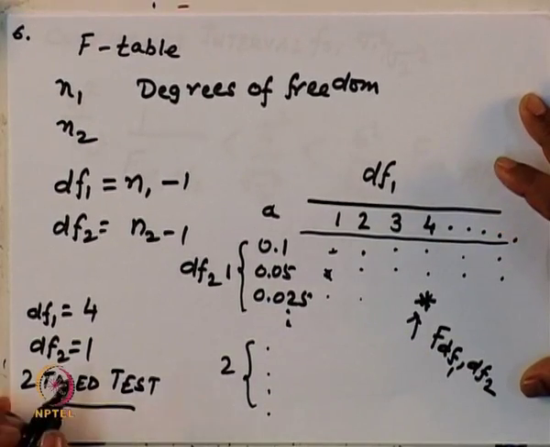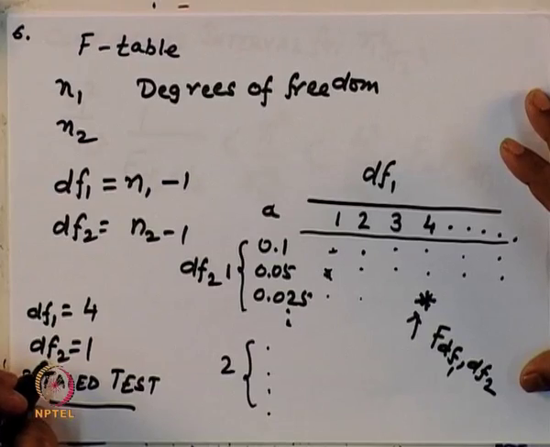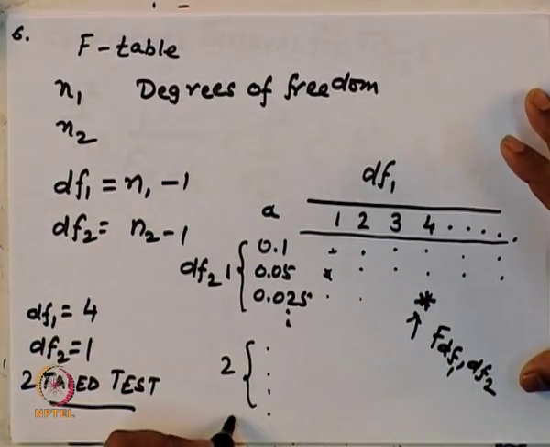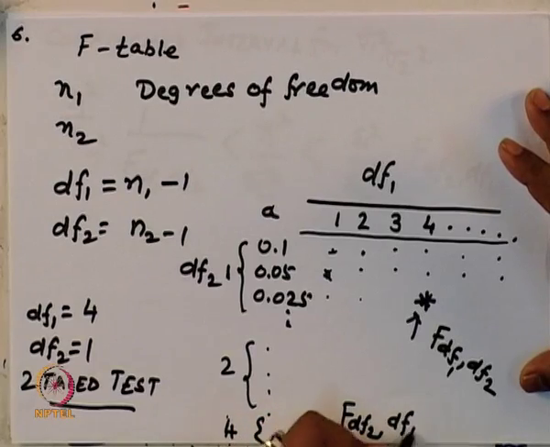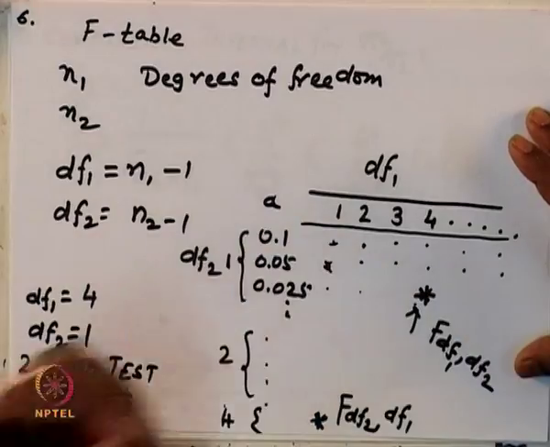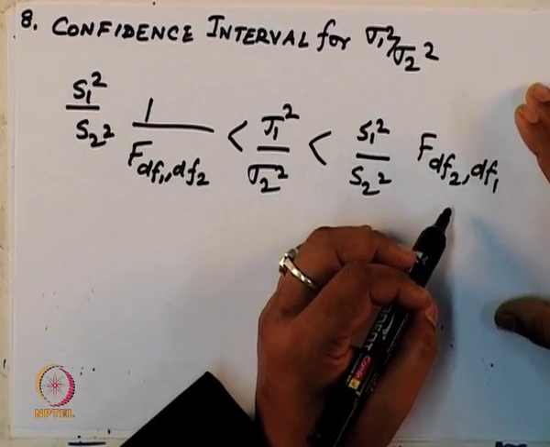Correspondingly I can find out F of df2 comma df1. So df2 is 1 and 1 comma, and accordingly for 4 I will have various values. So this will be F of df2 comma df1. So you can have two different values and the expression gives you 1 by F of df1 comma df2 or F of df2 comma df1.